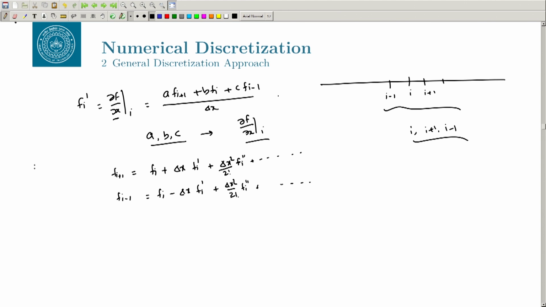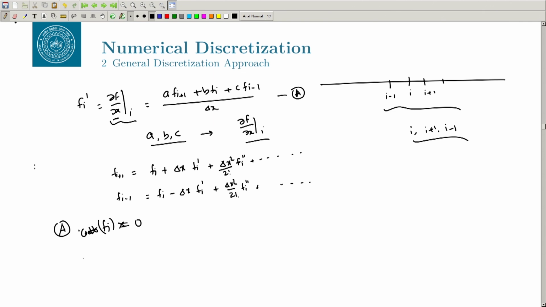Now, this is my equation A. If you closely look at equation A, on the left side there is no f i term, right. So, the coefficient of f i is equal to 0.